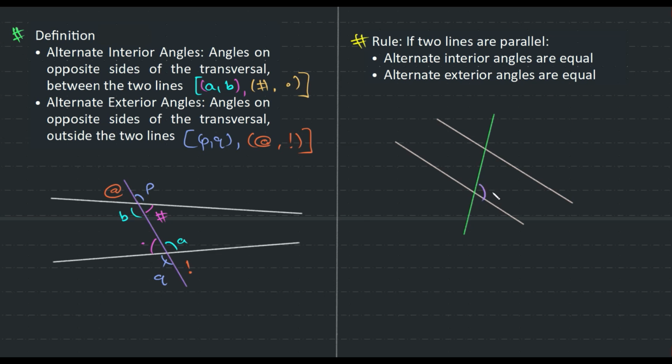If this is 142 degrees, this one, inside and on the other side of the transversal, will also be 142 degrees. When it comes to exterior, let me do it over here. If this is 40 degrees, this also will be 40 degrees.